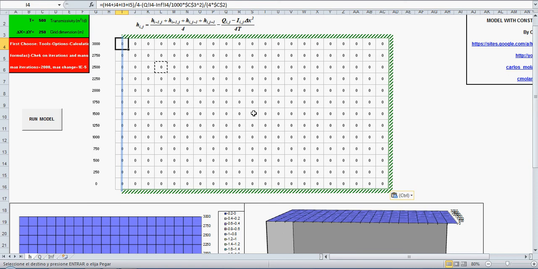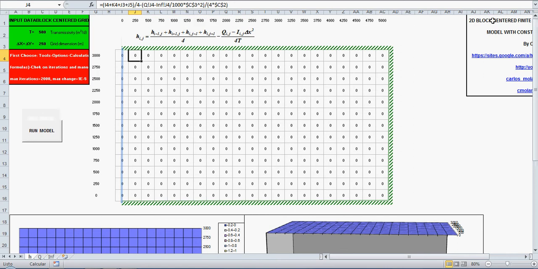Suppose we measure a 0 water level. So now we have our constant head boundary. Now the no-flow boundary.